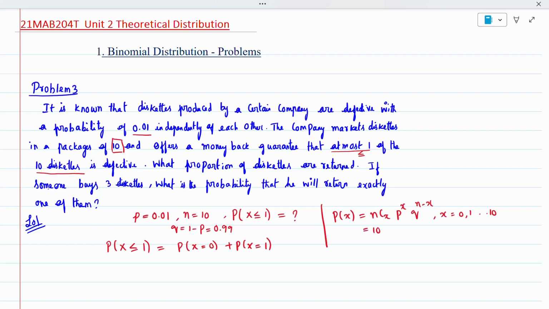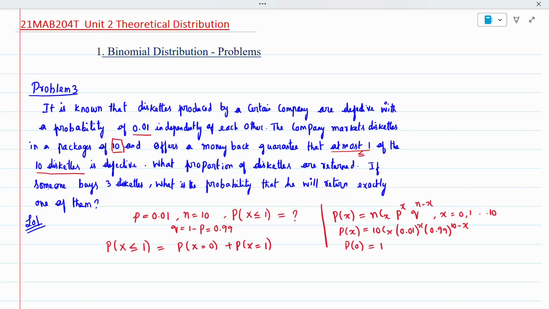So 10Cx, 0.01 the whole power x, 0.99 the whole power 10 minus x. So this is our P of x. Now substitute x equal to 0 in this and substitute x equal to 1. We get 2 answers.